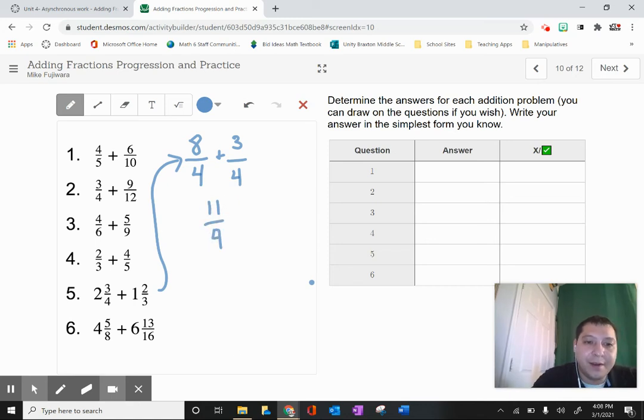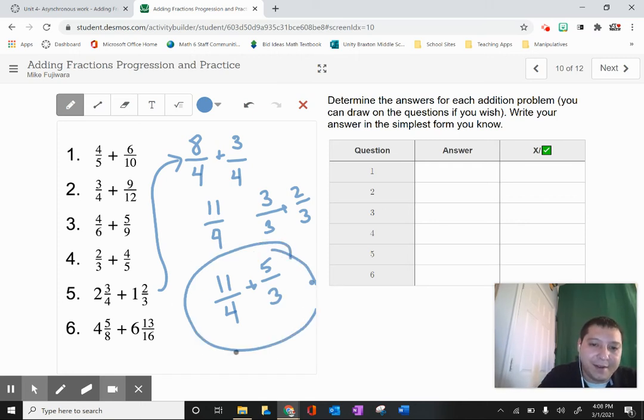And the other one, with a 3 on the bottom, would be 3/3 plus 2/3. So that's 5/3. So really what I want to do is add 11 fourths to 5/3. I'm going to need a common denominator. 4 and 3 are not alike, so I'm going to need to make them alike. So I'll leave it there and let you guys try that with some of the other ones.